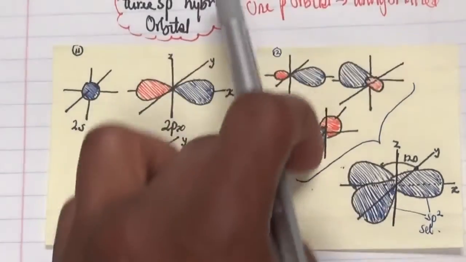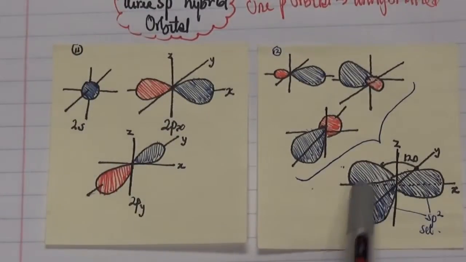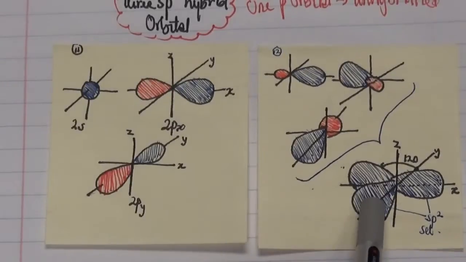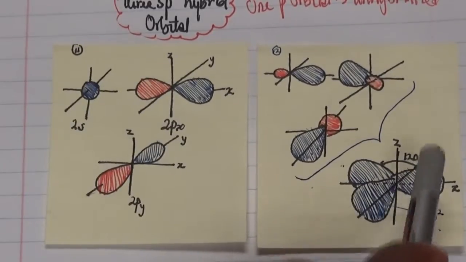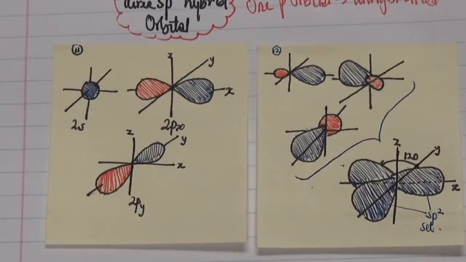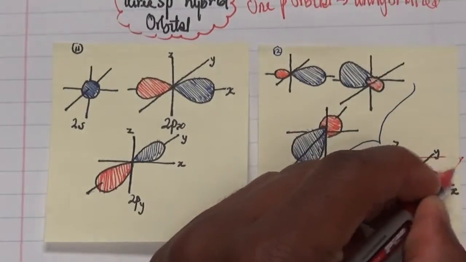If we combine these three together in the special geometry on boron, we have three lobes which are 120 degrees apart from each other, and they are all positioned in the XY plane.